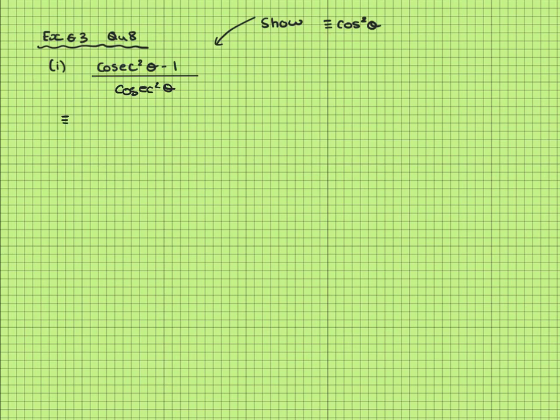I'm going to divide both parts in the numerator by cosec squared theta, which gives me 1 minus 1 over cosec squared theta, which then gives me 1 minus sine squared theta, which we know is equivalent to cos squared theta, using the fact that sine squared theta plus cos squared theta is equivalent to 1.